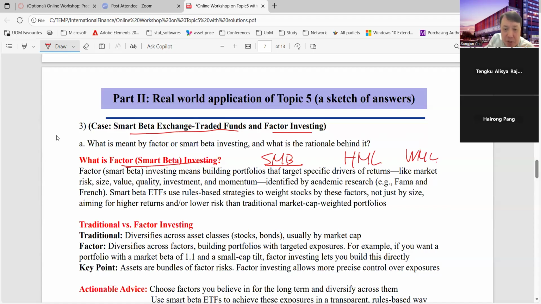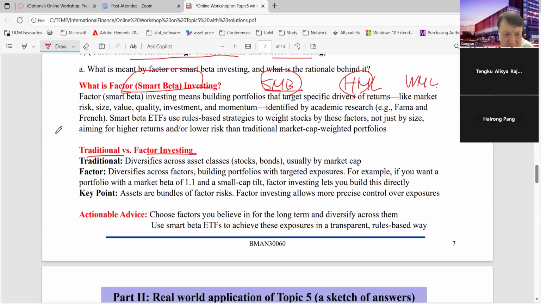You're implementing the well-known strategy based on academic research. That's so-called factor investment. What is the difference between factor investment and traditional investment? Traditionally, we talk about asset allocation across different asset classes. So you put 30% into stock, 40% into bond.